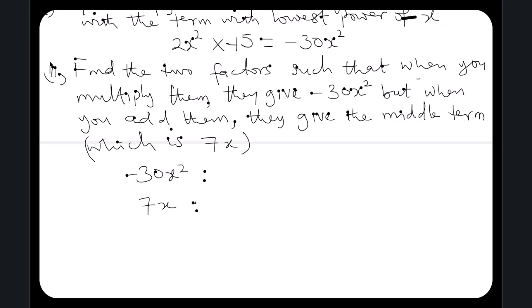People find this area very difficult, but if you understand it carefully, it's very simple. What are the factors of that? It can be 2 and 15, terms you can multiply to give you 30.